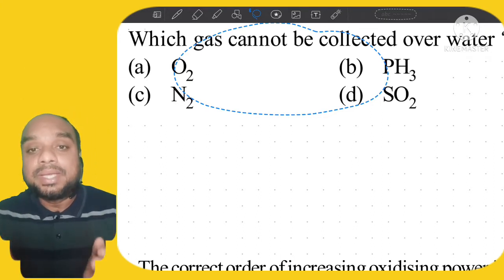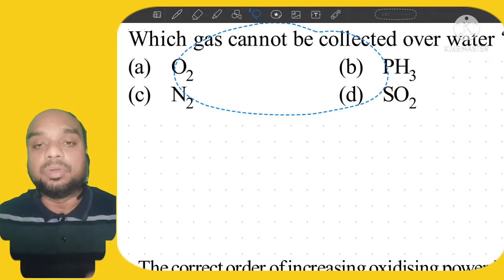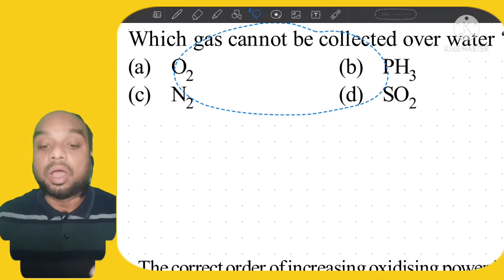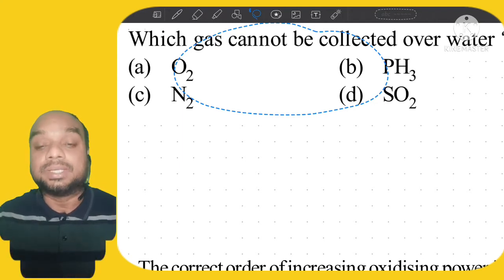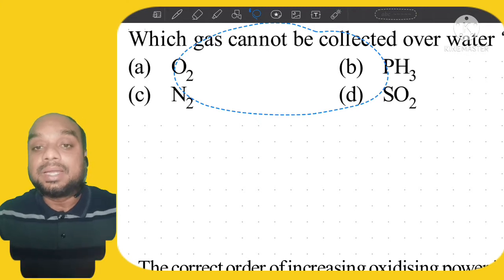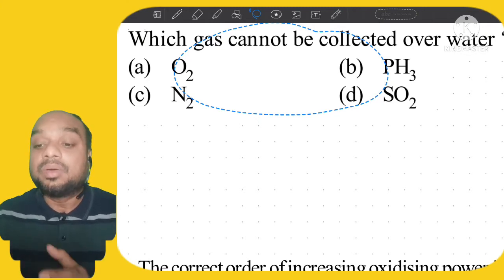But some gases are highly soluble in water, like sulfur trioxide, sulfur dioxide, ammonia. Those have a highly polar nature. So that type of gas we cannot collect over water.